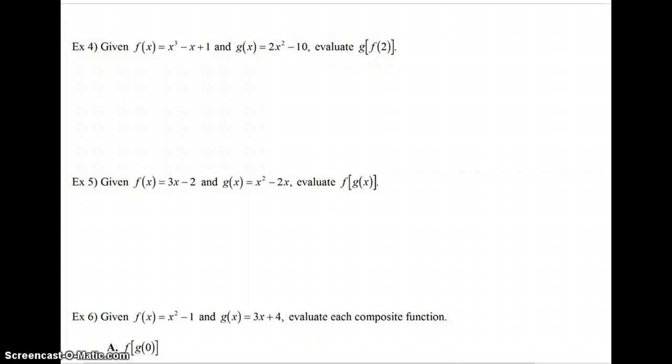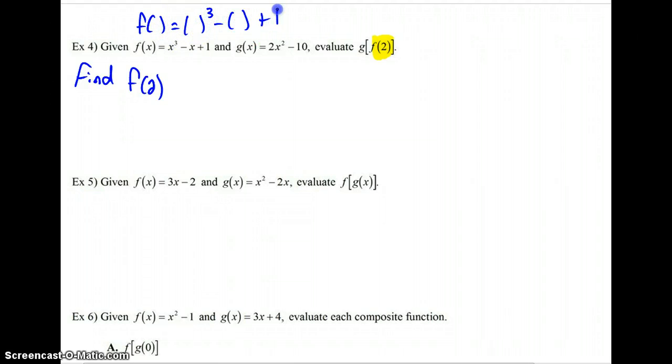Two different functions, f and g, but we're supposed to evaluate g of f of 2. Well, I hope we know that we always work from the inside out. First, we find f of 2. Now, f of a blank is blank cubed minus blank plus 1.